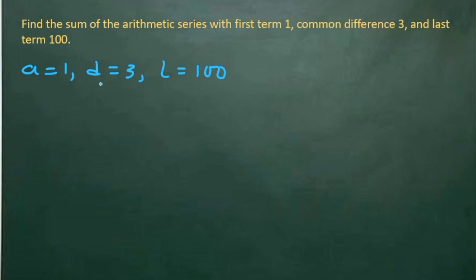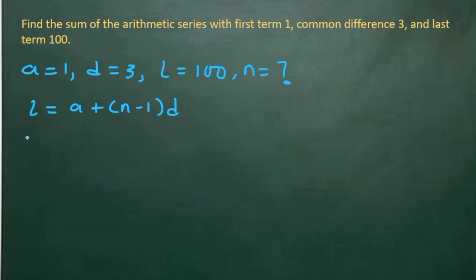Now you need to notice that we don't know the n term, so to find the sum of this arithmetic series, we need to find n. Now we also know that the last term is given to be the first term plus n minus 1 times the common difference d.